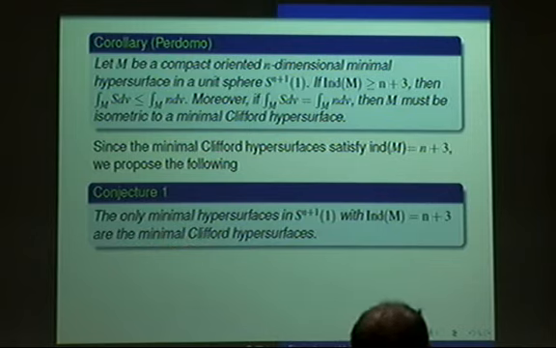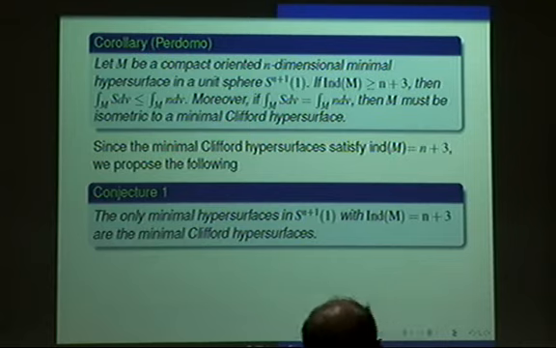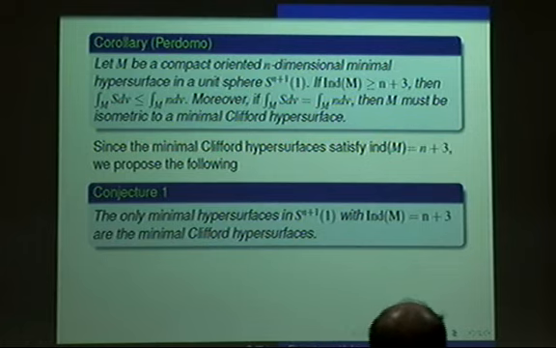Before we propose the following conjecture, I'd like to introduce this result. It says that if M is a compact n-dimensional minimal hypersurface in a unit sphere, and the index of M is greater than or equal to n plus 3, then we get this inequality. Here the capital S denotes the squared norm of the second fundamental form.